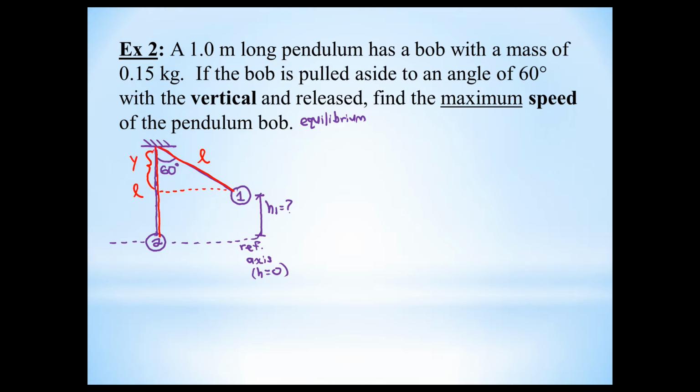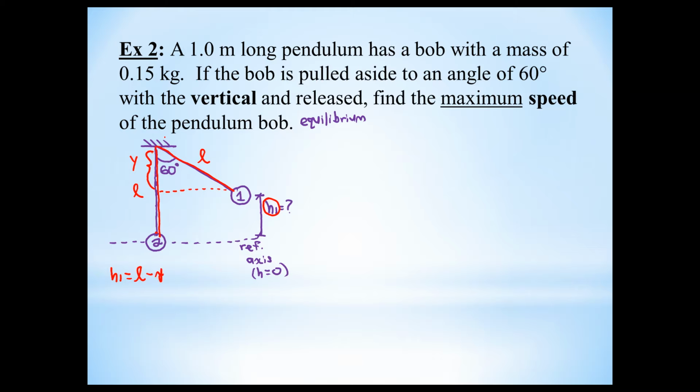That height's going to be y. To figure out what h1 would be, h1 would just be the total vertical length of the pendulum, subtract the height y. So h1 would just be equal to L, the distance from the pendulum pivot to this top position, and then subtract that distance y, which we're going to calculate.